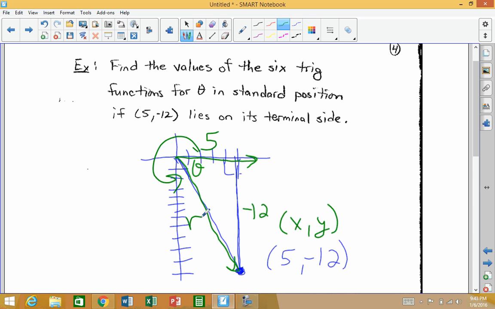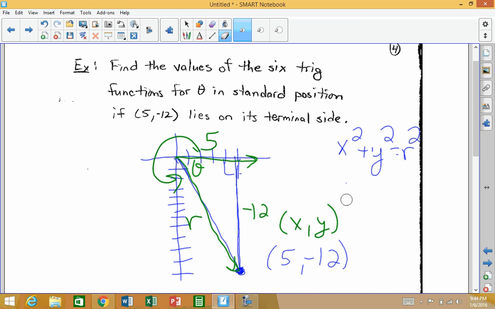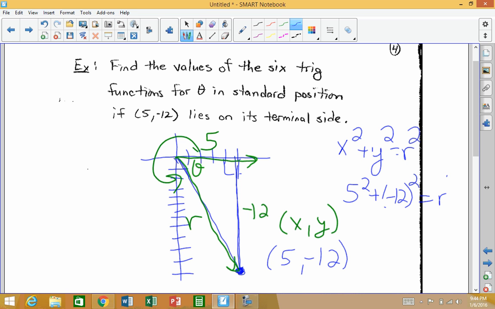Let's call it r. So again, the Pythagorean theorem will come into play and help us here. So x squared plus y squared will equal r squared. Plugging in what we know, we'll have 5 squared plus -12 squared equals r squared.